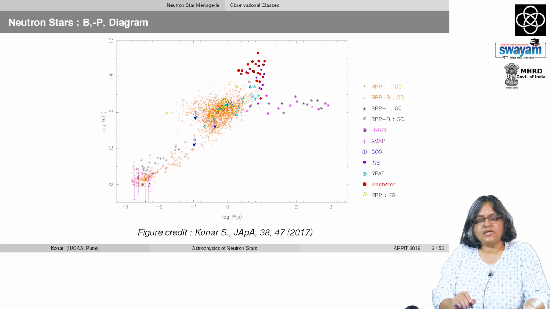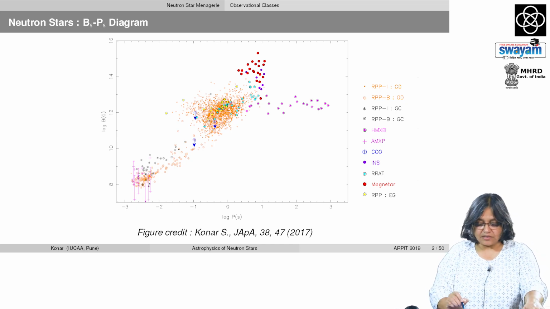This is not the rotational energy that is responsible for their energy generation. Instead, we are seeing these neutron stars in X-rays because of the residual heat. One has to remember, these are very weakly radiating, very dim, and we only see them because they are extremely nearby, and there are only a few of them in this class.